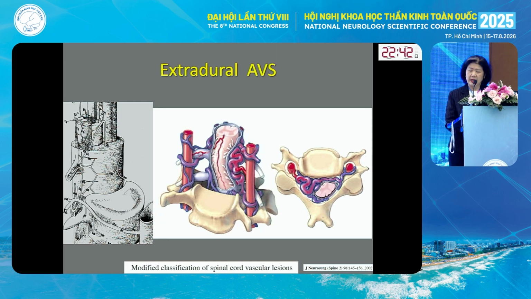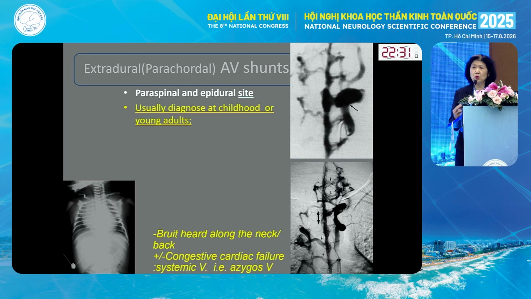You can notice that the shunt is fed by an artery outside the dura. When the shunt opens outside the dura, there could be two spaces, the paraspinal and epidural sites, usually diagnosed in childhood and young adults.